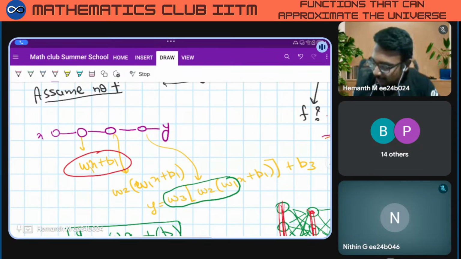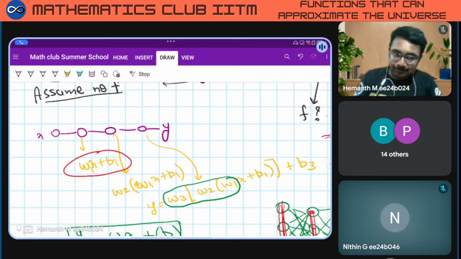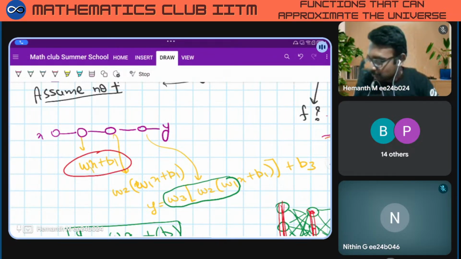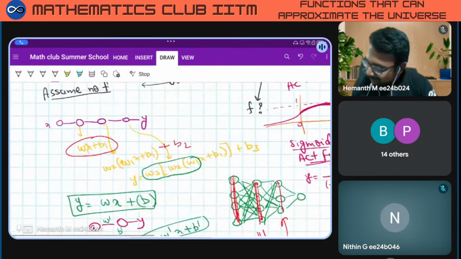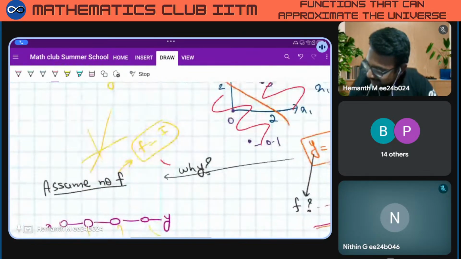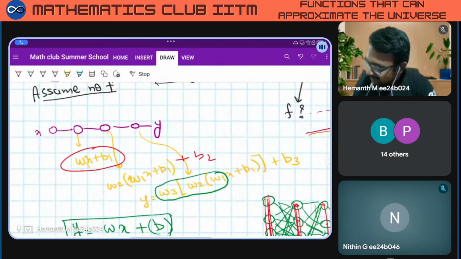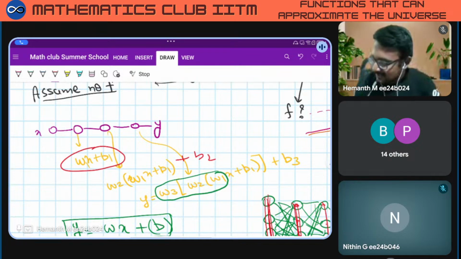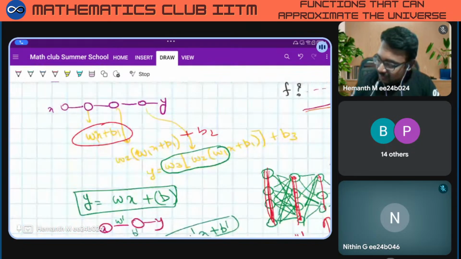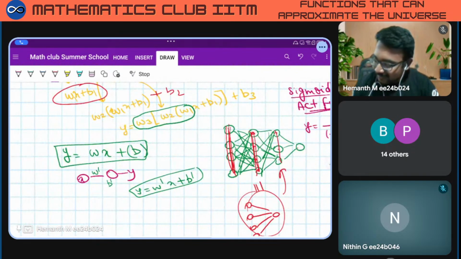The output of that is the previous output multiplied by w2, plus a bias b2. Then after the third perceptron it is w3 times this plus some bias b3. So if you see, this whole thing can be rewritten as some w times x plus some bias b.